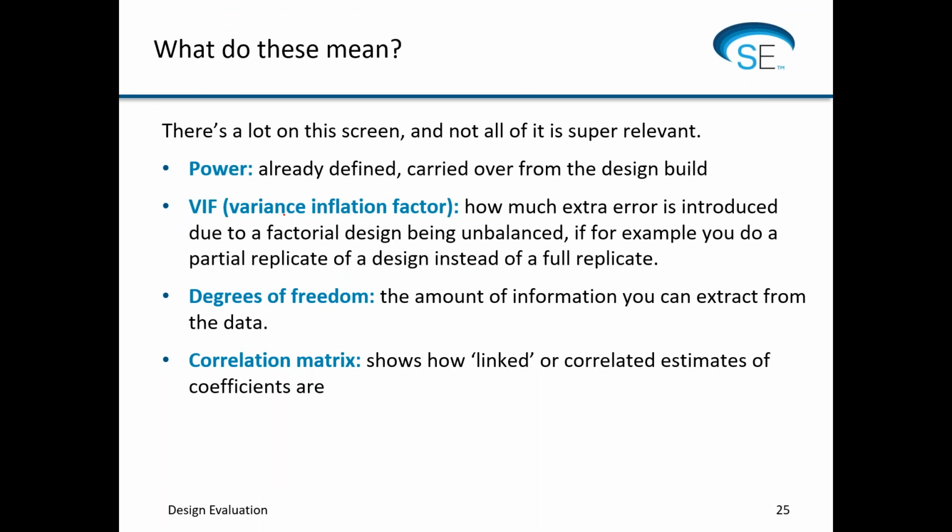Well, a variance inflation factor is, if you're not able to do full replicates of the design, and your design is not balanced, meaning each run is not done the same number of times, you might get some extra error that's introduced, okay, due to the factorial design being unbalanced if you do like a partial replicate. And a lot of times there's nothing you can do about it. If you can only do 2 extra runs here, I mean, you just have to accept it.